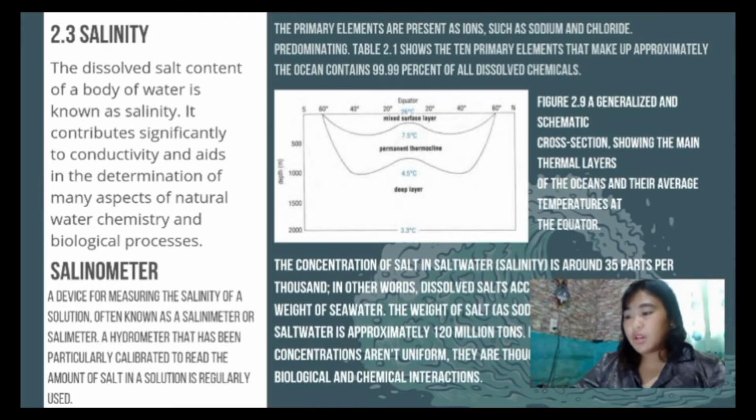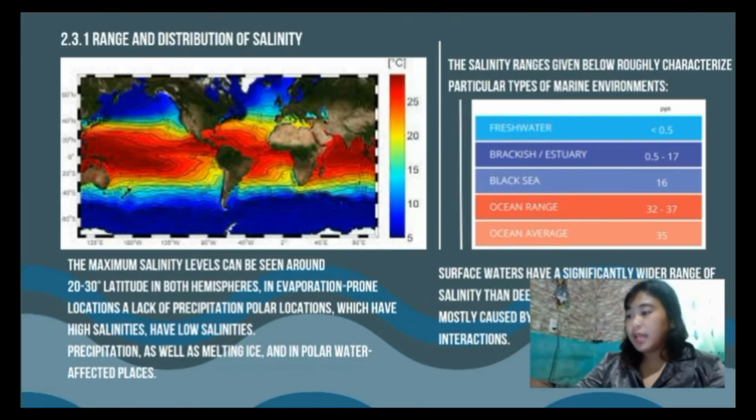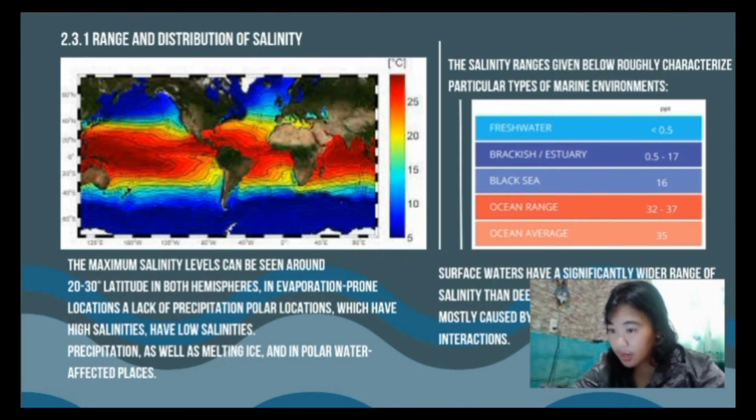Certain marine locations contain salinities that are higher than those seen in the open ocean. Range and distribution of salinity: the maximum salinity levels can be seen around 20 to 30 degrees latitude in both hemispheres, in evaporation-prone locations with a lack of precipitation.